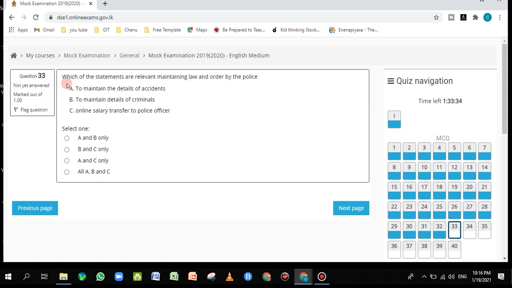It says which of the statements are relevant to maintaining law and order by the police. To maintain the details of accidents, to maintain details of criminals, only salary transfer to police officers. Now you have to consider these two. To maintain the details of accidents and to maintain details of criminals, that is A and B you have to consider.